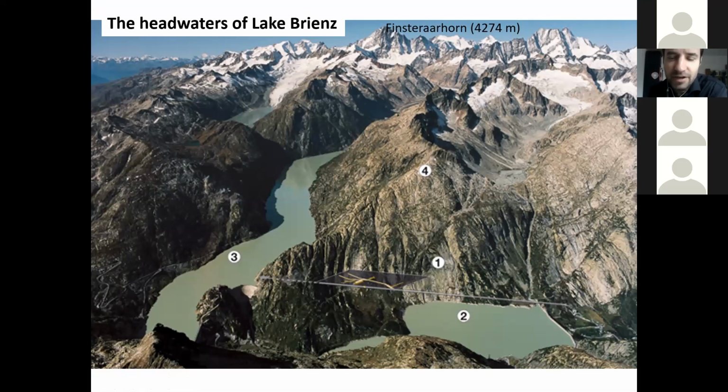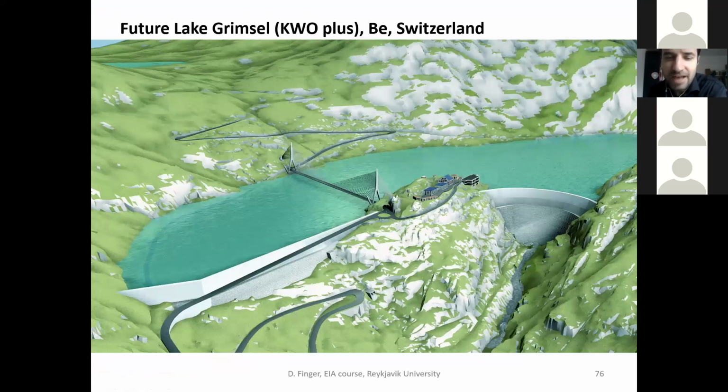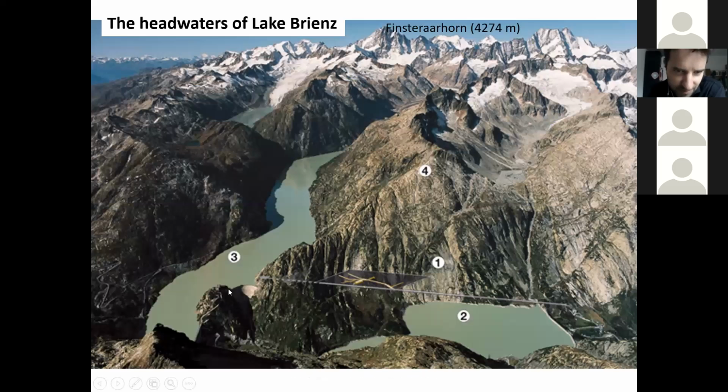So, long story, but the actual project that the hydropower company wanted to do was to increase the Grimsel dam wall, this storage here, by 23 meters. So what would happen is you would store up the lake at a higher level by 23 meters, and you would increase the pump storage between the lower reservoir and the upper reservoir by having more volume to work with.